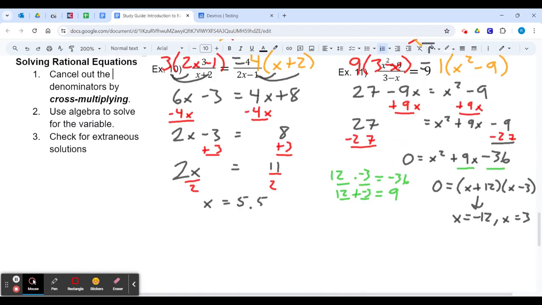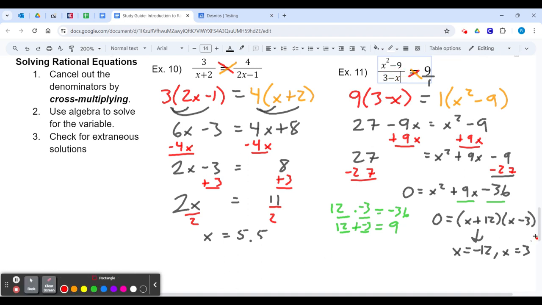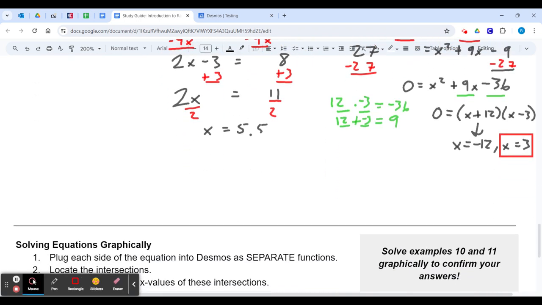So the last thing we need to do here is check for extraneous solutions. If I plug both these x's back into my equation, if I do x equals negative 12, I'll get 3 minus negative 12, which is 15 on the bottom. That's okay. That's legal to divide by a whole number. But if I plug in x equals 3 into my equation here, I'm going to have 3 minus 3, which gives me a 0 denominator.